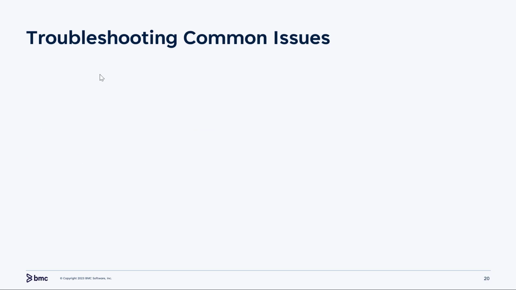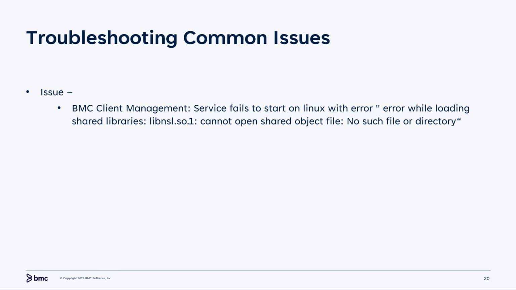Let us now discuss certain troubleshooting scenarios that you may come across while installing and upgrading BCM Master within your environment. First one being where the BCM service fails to start on a Linux box due to a missing shared library named libnsl.so.1. We have seen this issue on Red Hat and CentOS 8, 8.3 and later versions.